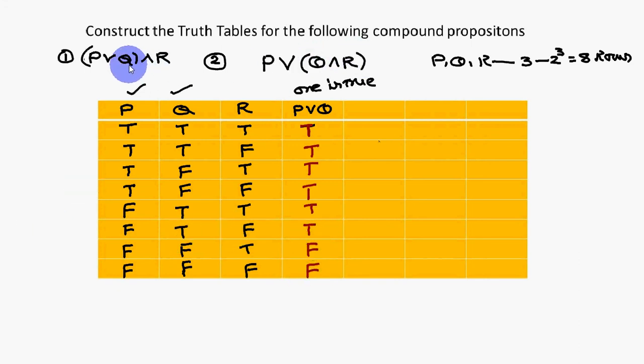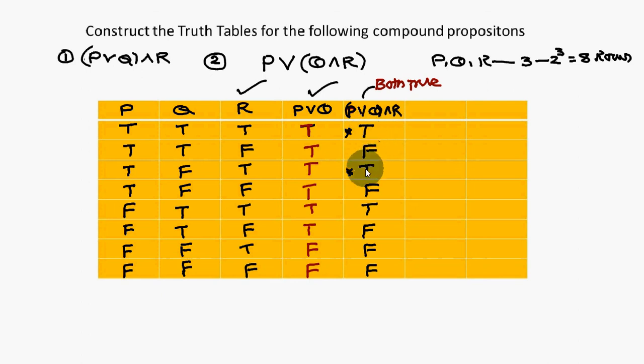Next, P or Q, and R. And what it says? Both should be true. Therefore this is true, this is also true, this is also true. So three truths you come across, 1, 2 and 3. Okay.